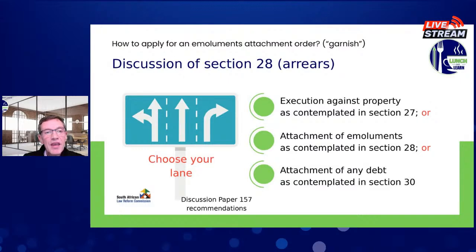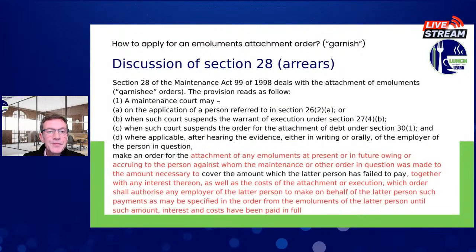That is why, if we go back to the previous slide dealing with Section 28, it specifically says that only upon the suspension of a warrant of execution or the suspension of an attachment of debt order can you apply for a garnishee order. So you cannot have a warrant of execution running in the background.